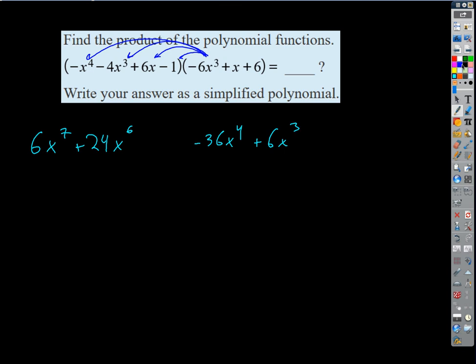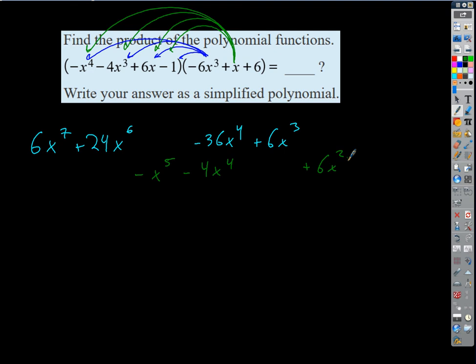Okay? So now we'll distribute the x to everything. What's that going to give me? Negative x to the 5th. Okay? Negative 4x. 6x to the 2.